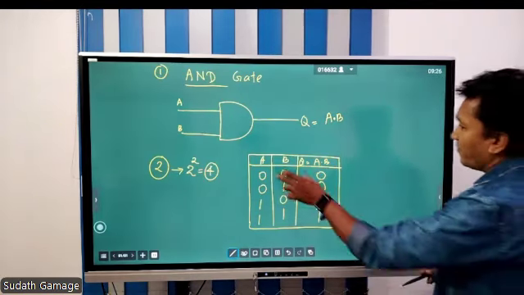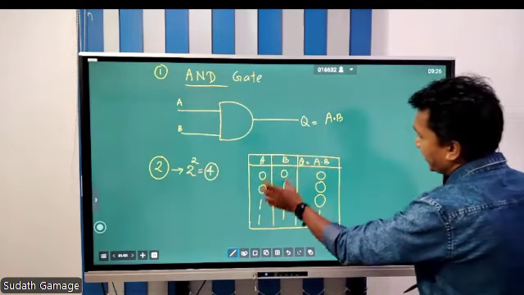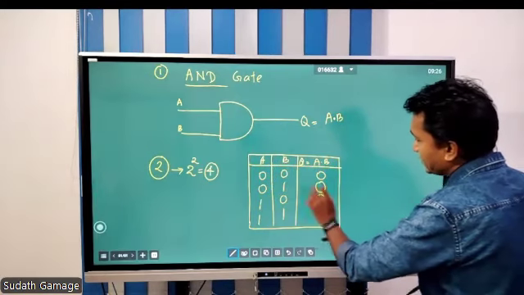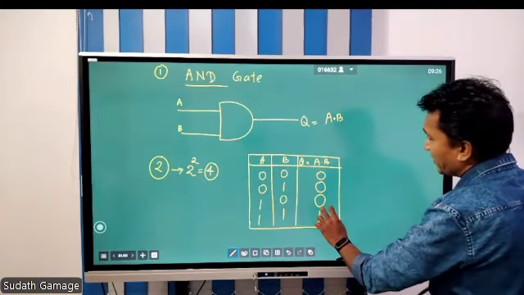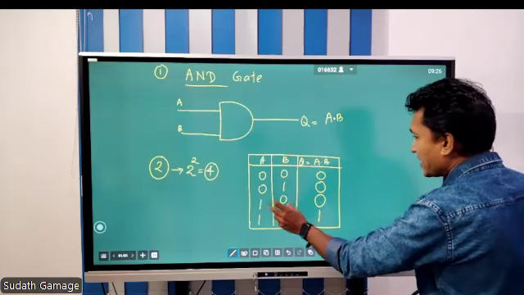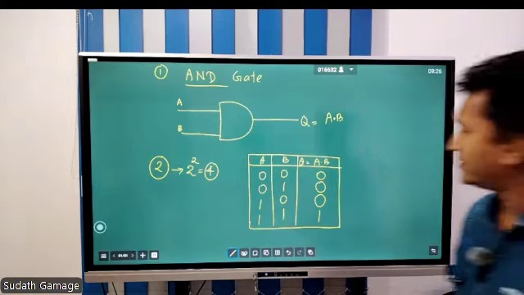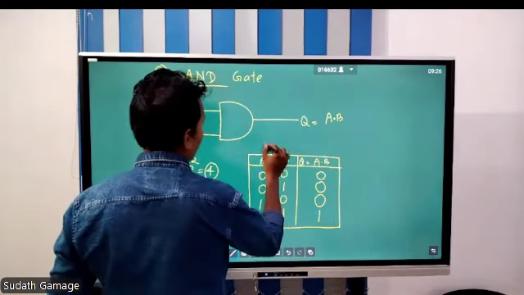So now we have written the relevant output to each combination. That is the meaning of the truth table. අපි truth table එකක් ගහන්නේ හැම combination එකකටම තියෙන්න පුළුවන් relevant output එක ලබා ගන්න.